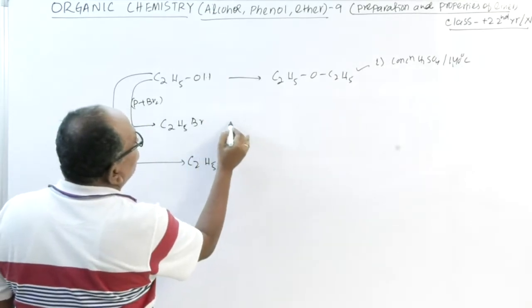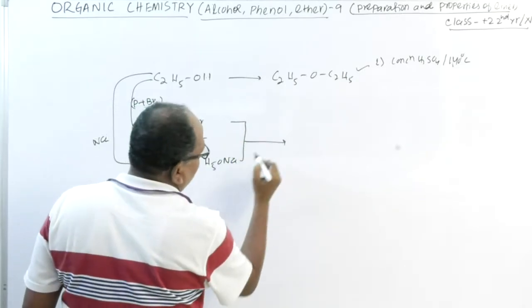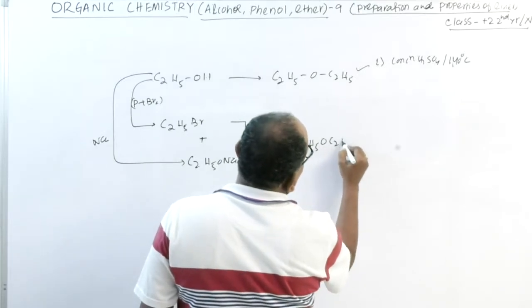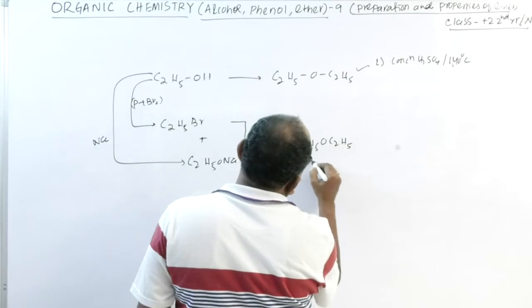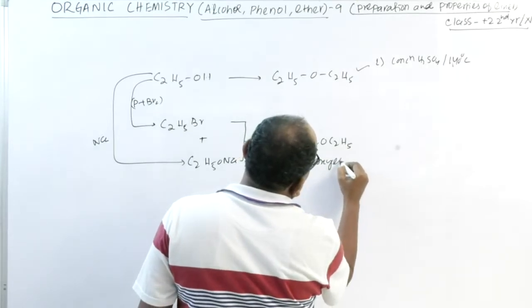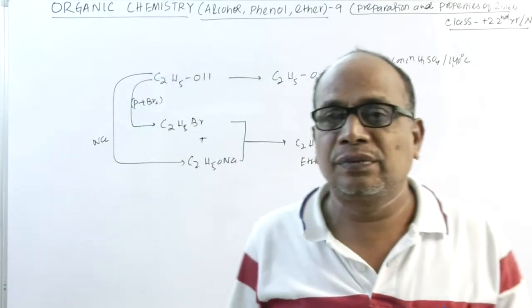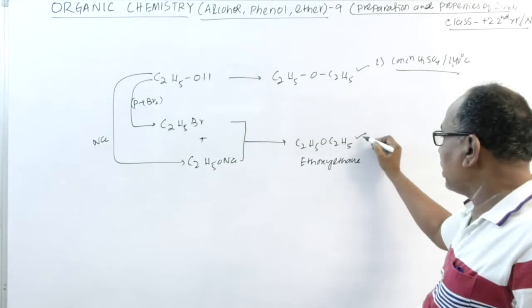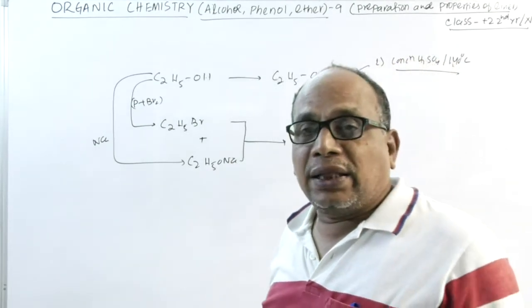Now these two are combined to give C2H5OC2H5, which is ethoxyethane. This is one way, and this is another way to convert ethanol to diethyl ether.